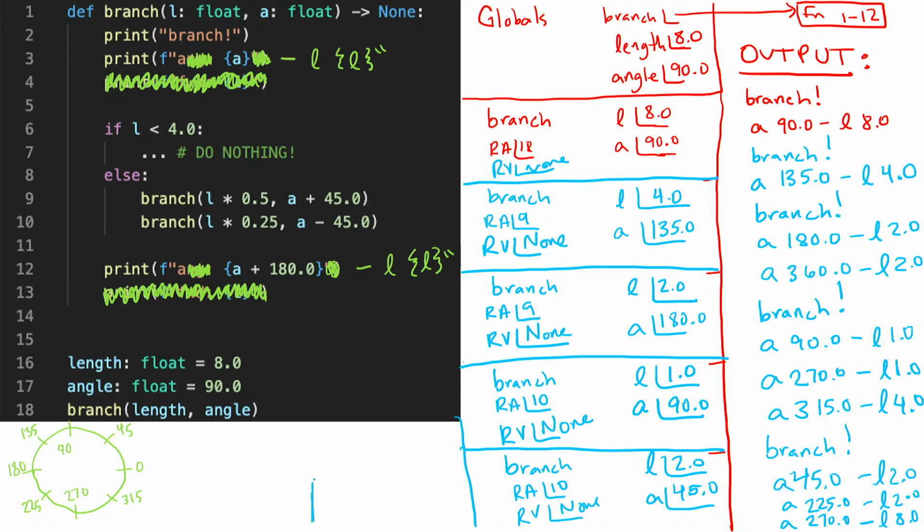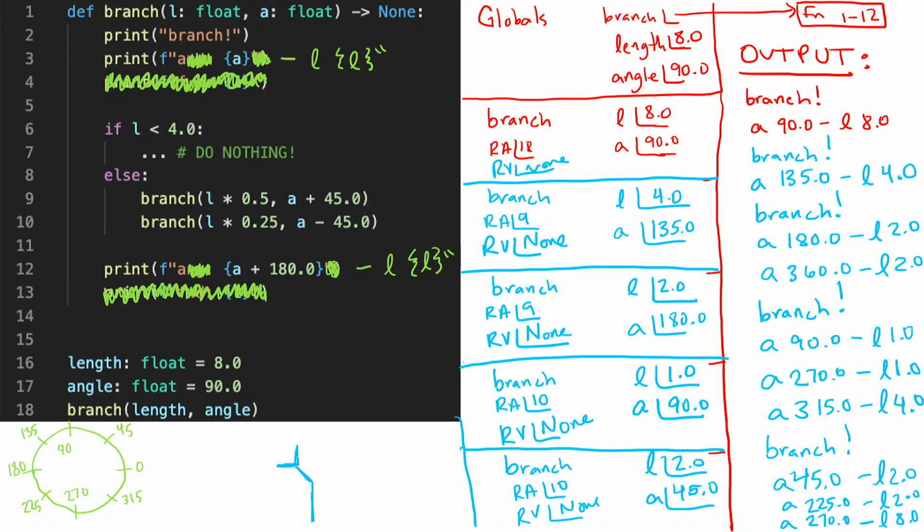And then we trace out an angle of 135 degrees, but only 4. And then we trace out an angle of 180 degrees, but only 2. But then we go back. So we go back to where we came from, and then we trace out an angle of 360 degrees, which was moving back in this direction. And then we trace out 90 degrees, so we're going up 2, and then back 2, because we're going down 270.